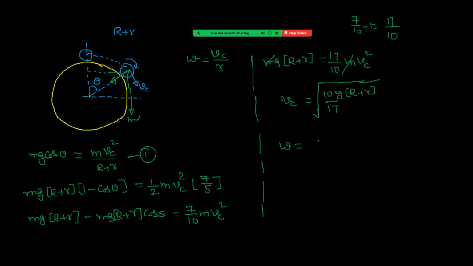So omega becomes under root 10 g into R plus r upon 17 r square. Right. So we have taken one, the force equation. The second one is the energy equation. Right. Let us see the next one.